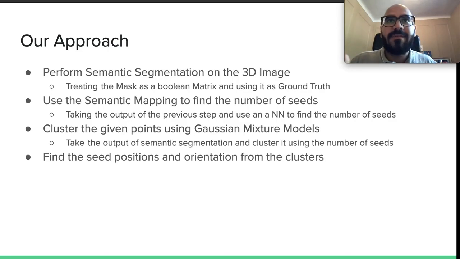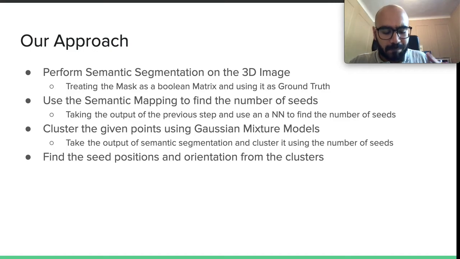After we have the semantic segmentation, we can use that to detect the number of seeds. You can use clustering on the cloud points of the seeds, or we can use a neural net that you feed this 3D image input, and it spits out the number of seeds. When you have the number of seeds, because of the form of these seeds, each seed can be modeled perfectly by a 3D Gaussian random variable.